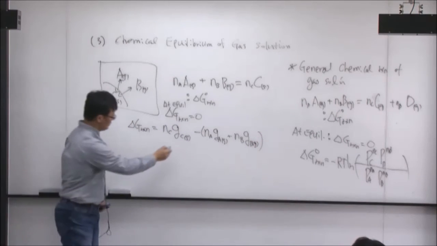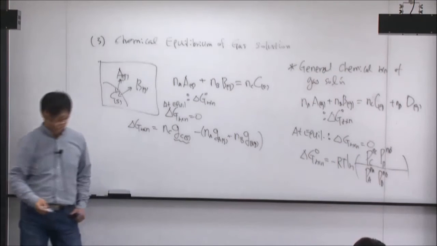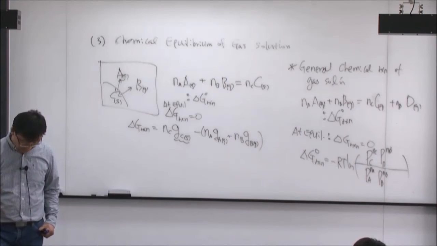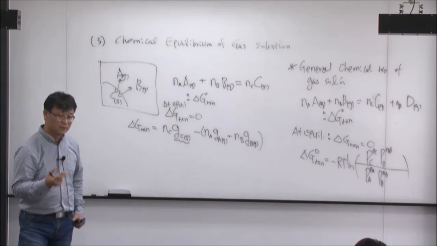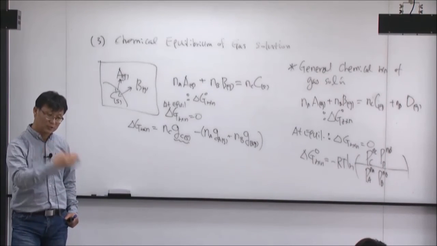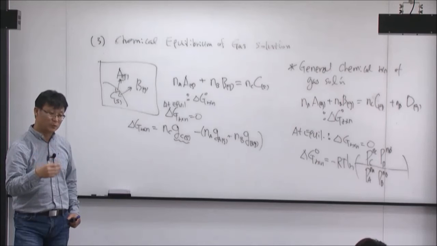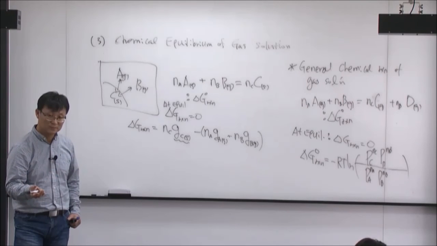Okay? And because this is the solid phase, if it is also a solid solution, then we have to take into account that this is not pure solid, so we have to add a correction term, which is the partial Gibbs energy in the solid state.